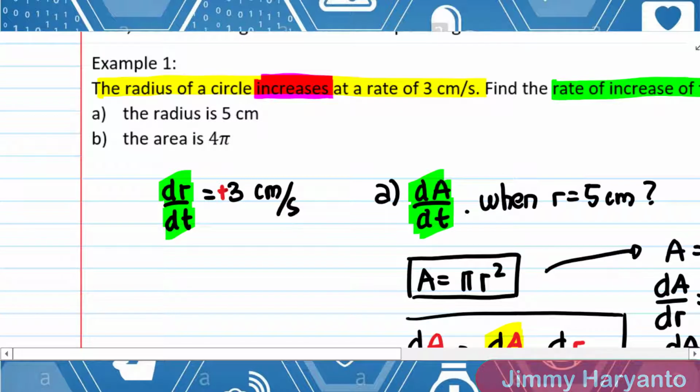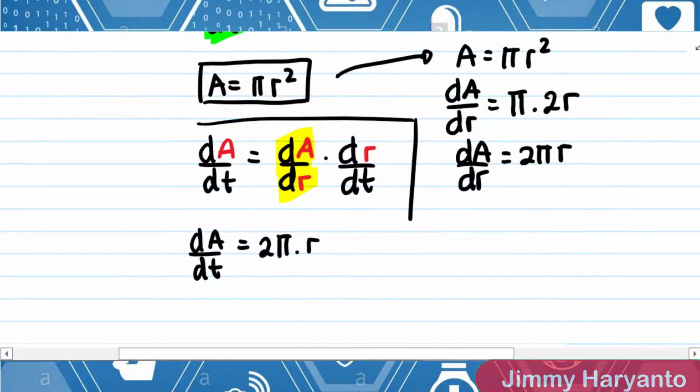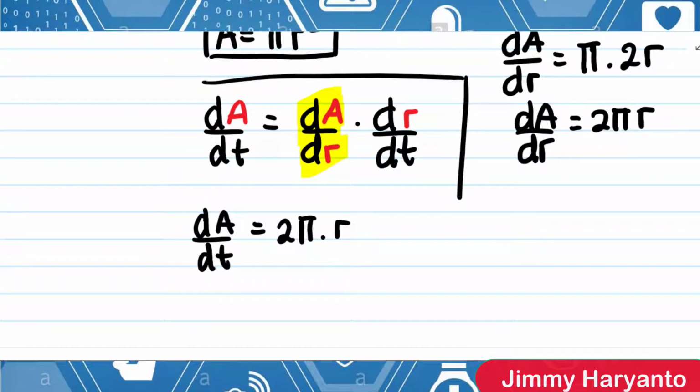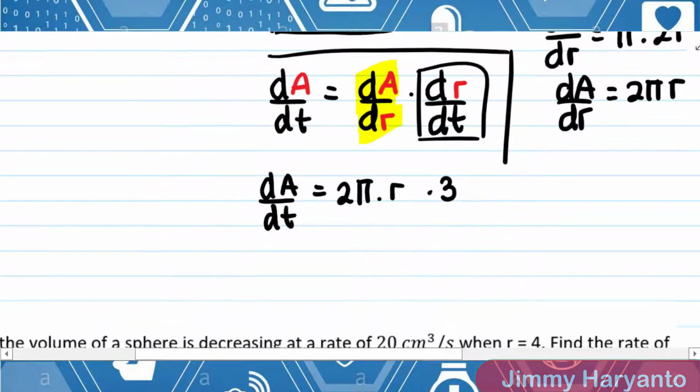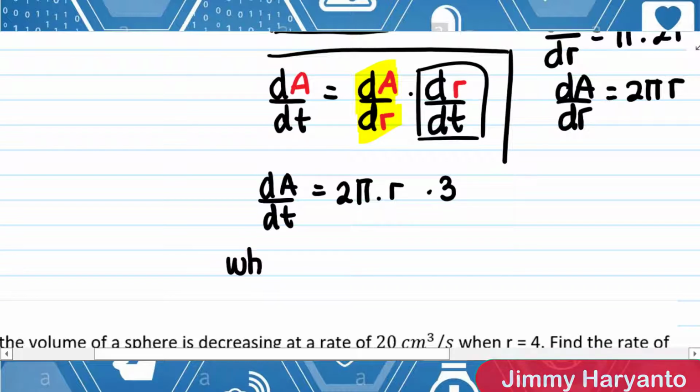The rate is positive. If the question says decreasing, that means the rate is negative, and you have to put a negative on the 3. But because it's increasing, we put positive in front of the 3, so dr over dt will be positive 3.